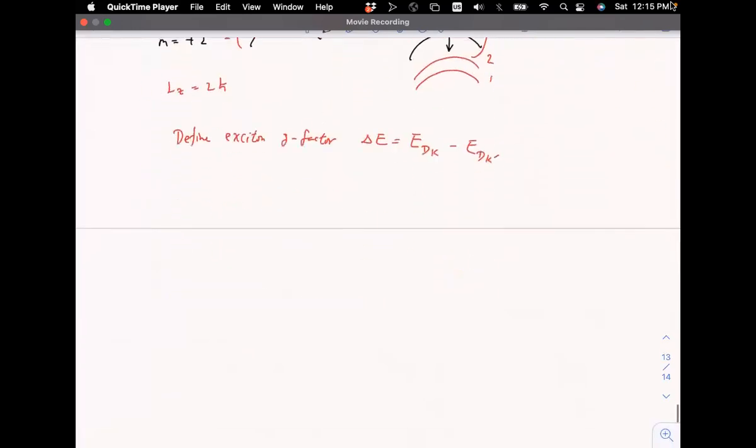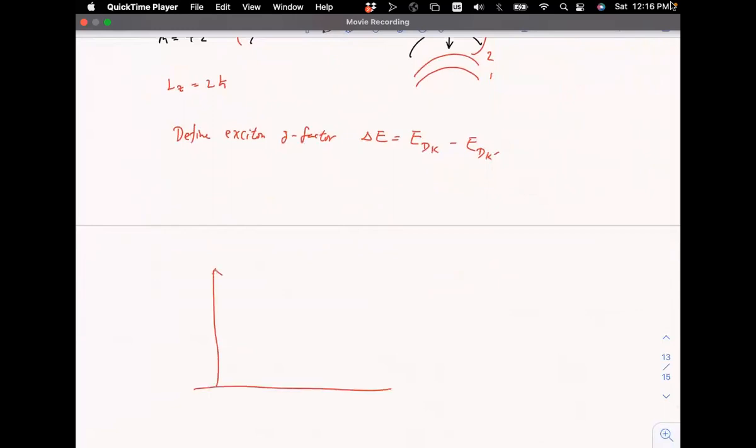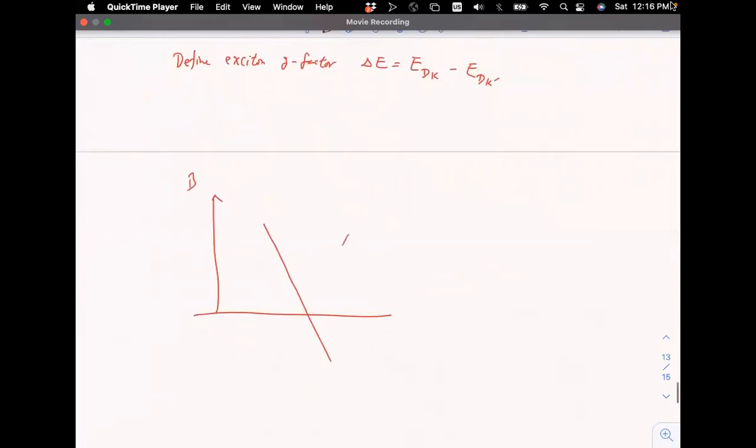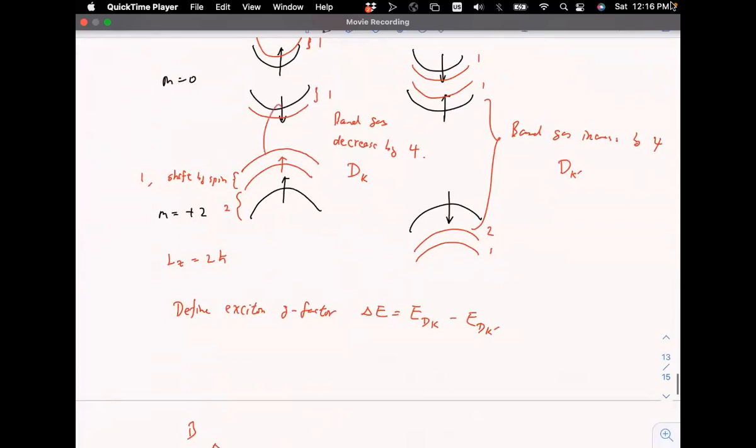So in the experiment, what you measure is this. You have a B field, then you apply it, you see a cross line, right? You see a cross. It is this energy gap that you measure in experiment, and that is the dark exciton in one valley minus the other one. So you see a shift, and that is the g factor times the Bohr magneton times the B. So that is the g factor of the exciton.